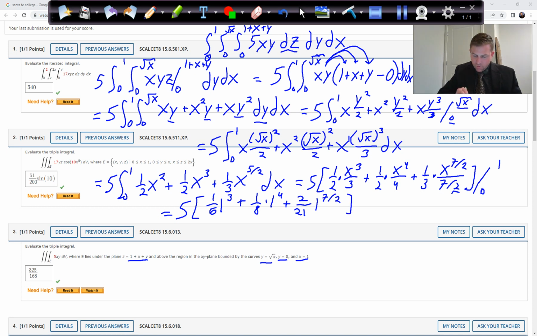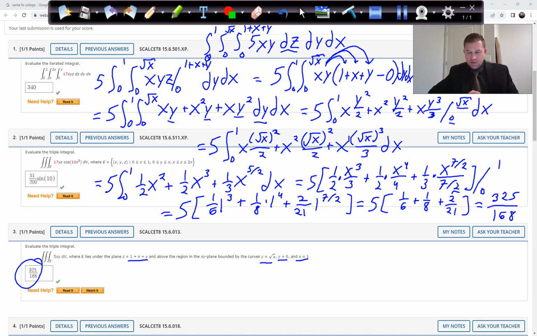But those are all just 1s. So this is just at the end 5 times 1/6 plus 1/8 plus 2 over 21. And the 0 lower limit will not even factor in. So if you add these correctly with the lowest common denominator and multiply by 5, you should get, at least for my numbers, 325 over 168.